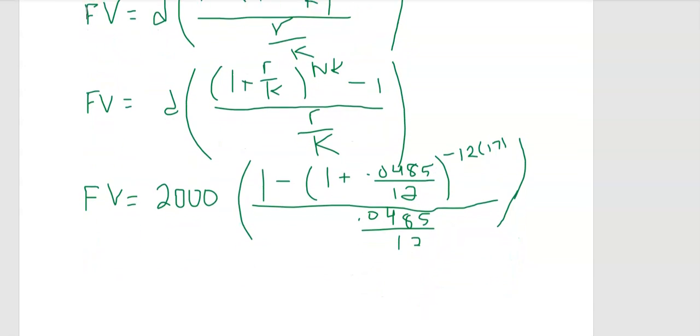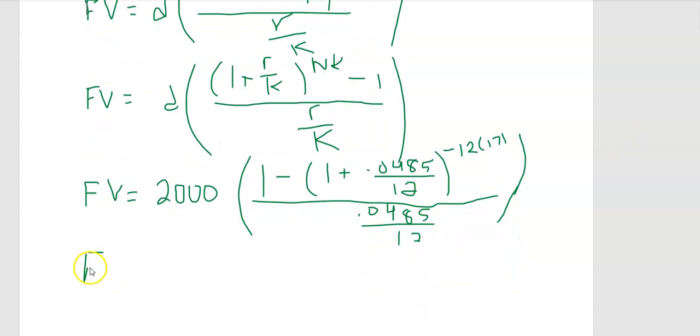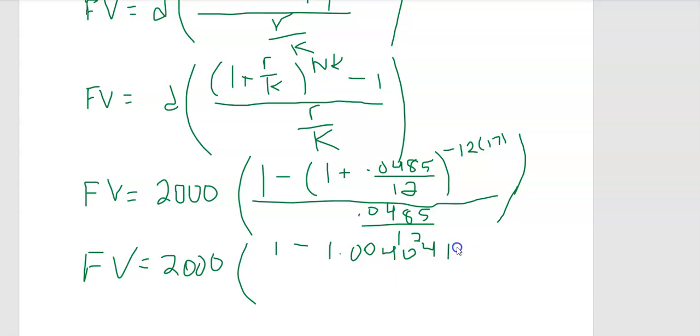All right, now let's work through this thing. I'm going to do inside the parentheses first. So 1 plus 0.0485 over 12. And that gives me 1.004041667.